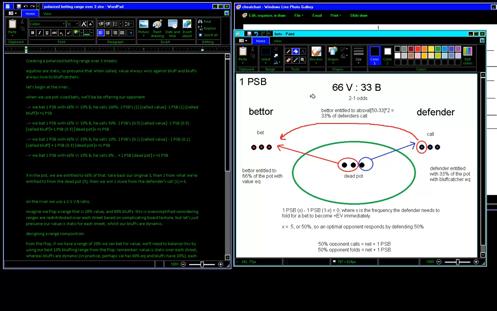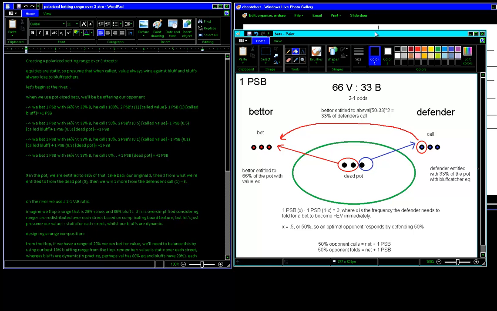And of course, it's at its most amplified state given the bloated pot over two streets and now three. So it's very important that you have a solid foundation to fine tune your river decisions. Otherwise, you're going to lose a lot of money in poker.